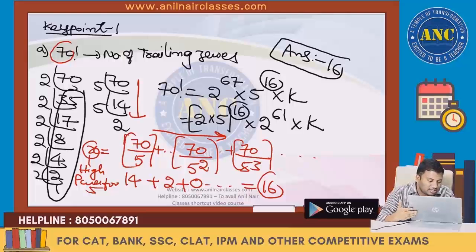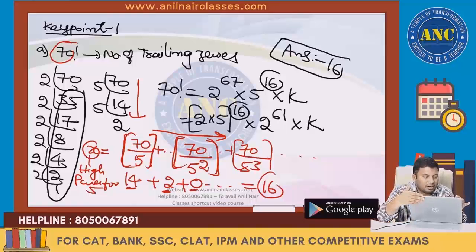What is this bracket? The bracket means I am eliminating the remainder. 70 by 5 is 14 with remainder 0, I just write the integer. 70 by 25 is 2 point something, so it is 2. 70 by 125 is 0 point something, so it is 0. 14 plus 2 is 16. So this is the number of zeros at the end, for factorial problems only.